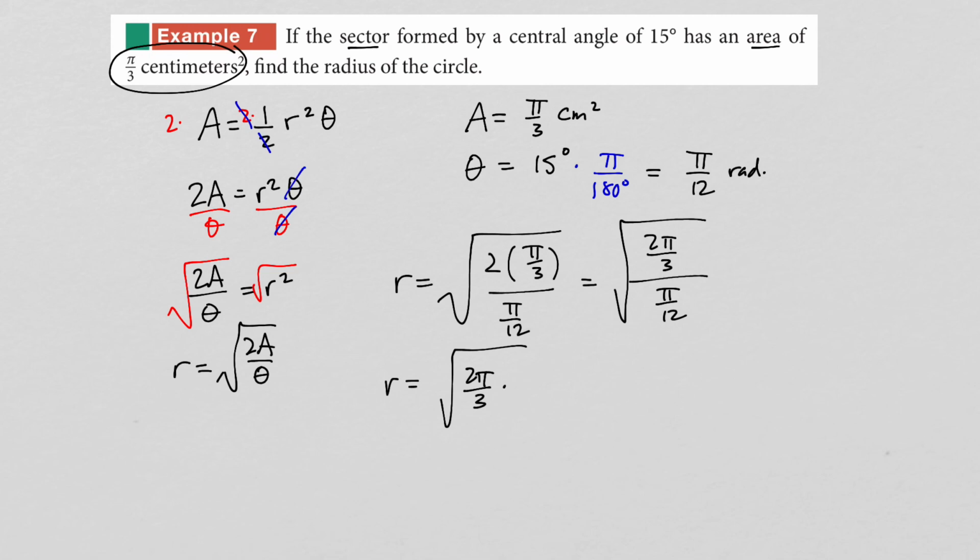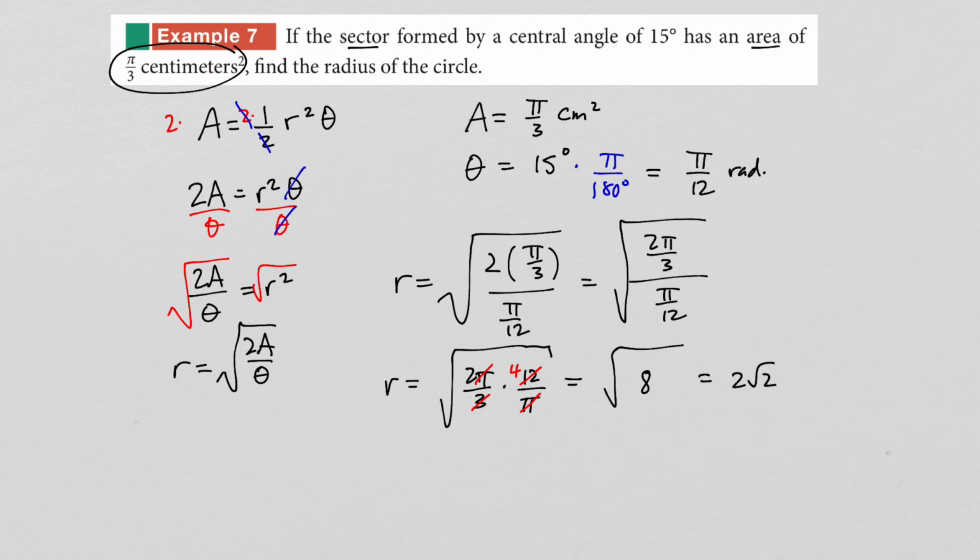Instead of dividing by pi over 12, I'm going to multiply by 12 over pi. And now if I cancel, we can say the pi's cancel out. 3 goes into 12 4 times. And what I have left over there is the square root of 2 times 4, which is the square root of 8. And the square root of 8 is 2 radical 2.